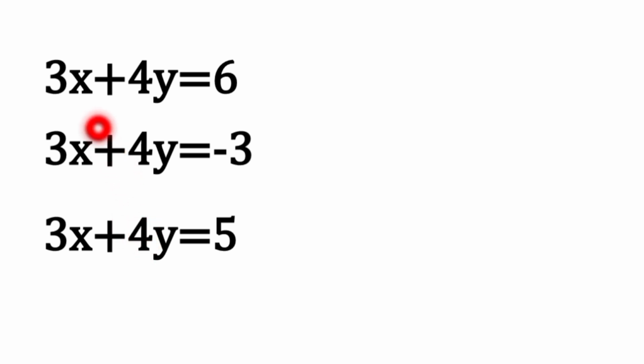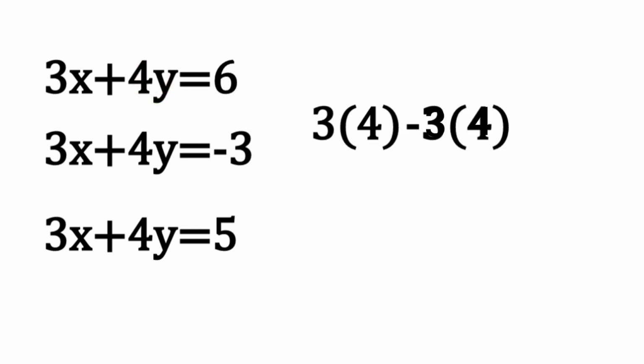And if you multiply the coefficient of x for the first equation by the coefficient of y, 4 times 3, and subtract the coefficient of x for the second line times the coefficient of y in the first line, this is equal to 0.